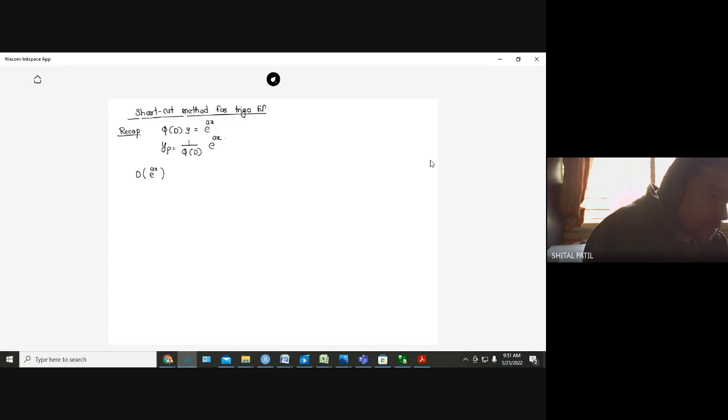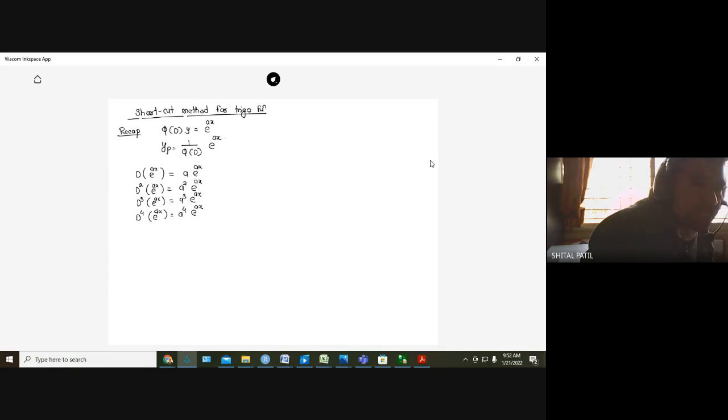The derivative of e raised to ax is a e raised to ax. Then we obtain D square, which is a square e raised to ax, and so on. We obtain the third derivative, then the fourth derivative, and so on: fifth, sixth, seventh.